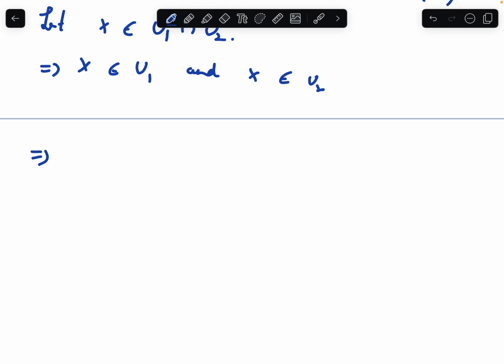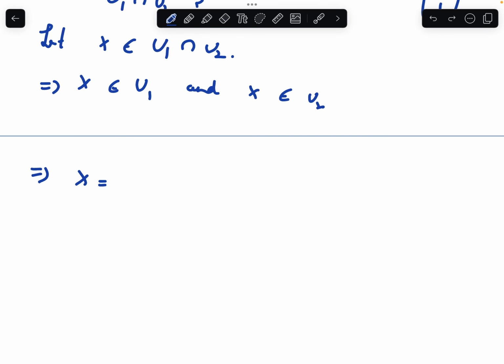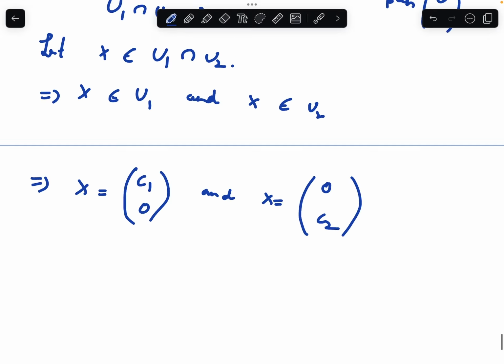That is, since x is in span of (1, 0), x is equal to (c1, 0), and x is equal to (0, c2), because x is in U2.